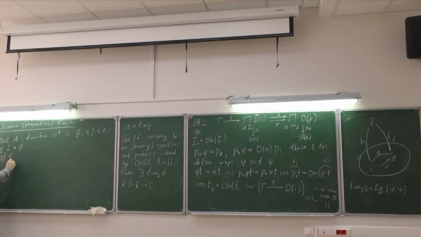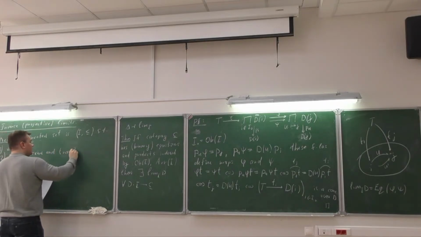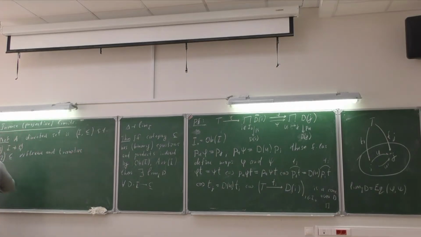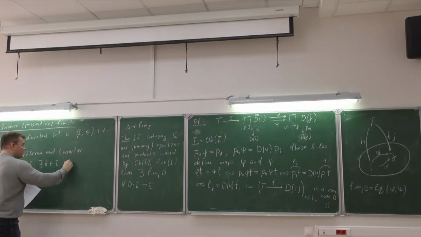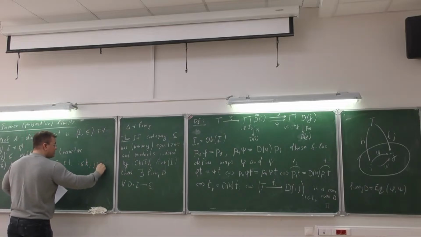Two, this relation is reflexive and transitive. And three, for any i and j in the set I, we can find k in the set I such that i is less or equal than k and j is less or equal than k.